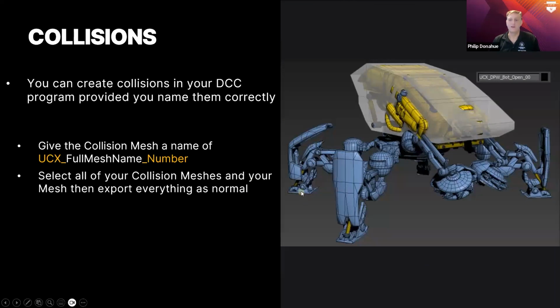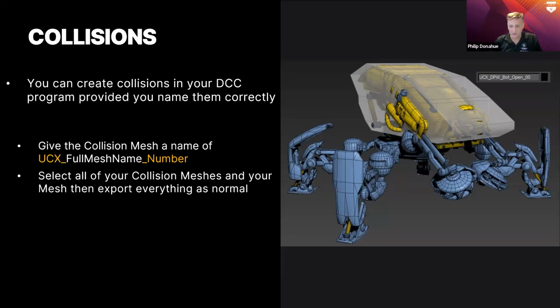Try to speed up a little bit here since we're a little bit behind. If you go into Maya, you can actually create a box around the object and name it for each section that you want to create collision for, and you would call it UCX underscore the name of the mesh itself, the full mesh name, and then a number for each one.